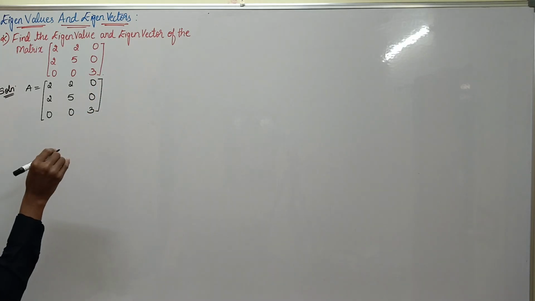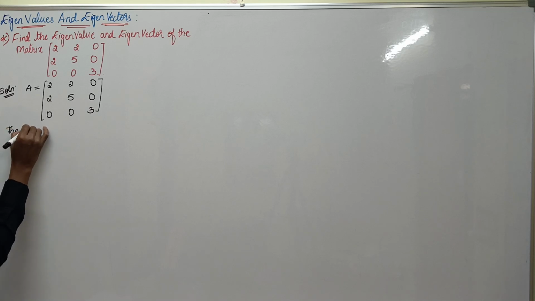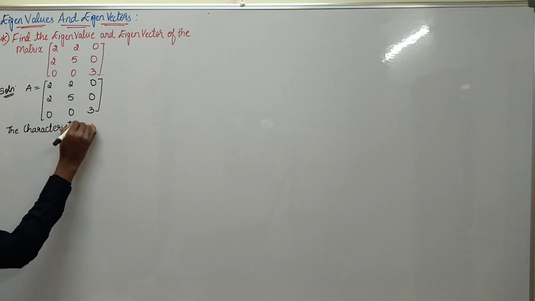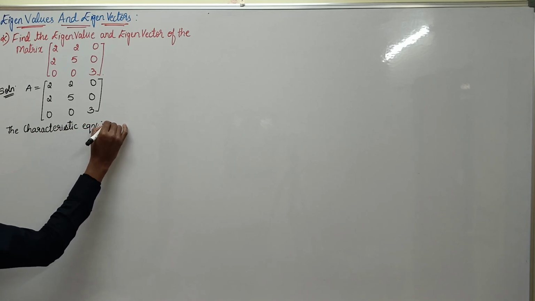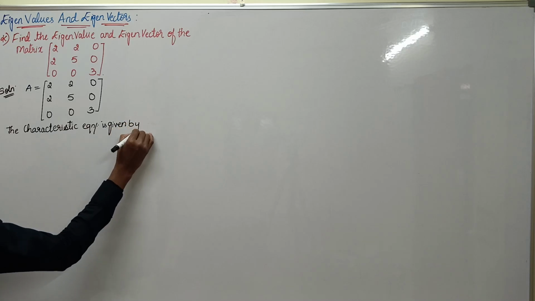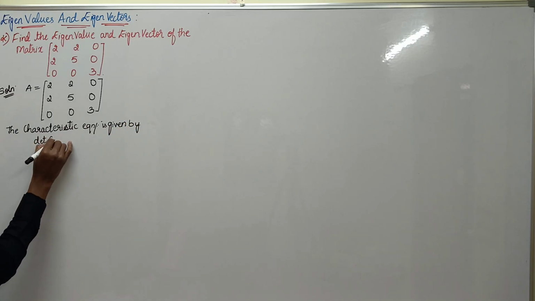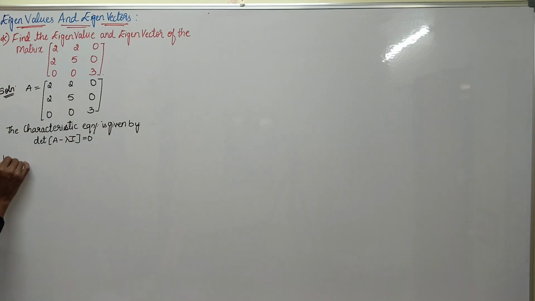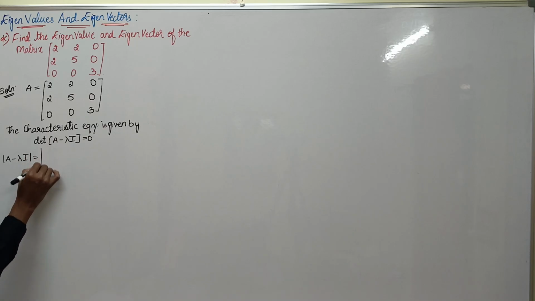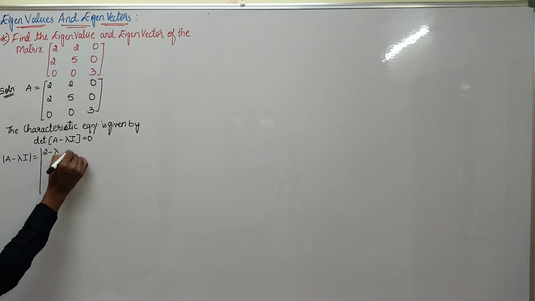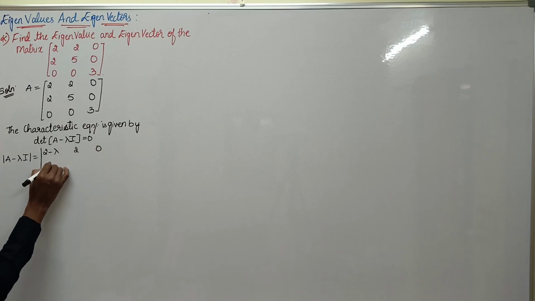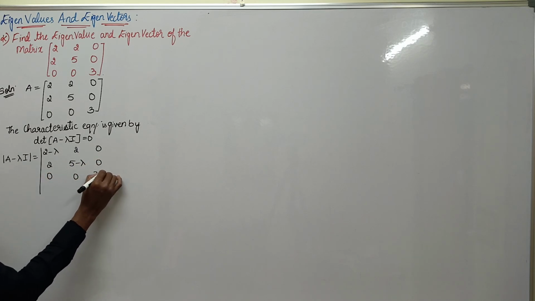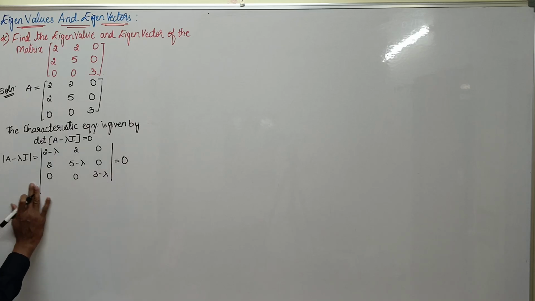Then to find the eigenvalue, the characteristic equation is given by determinant of A minus lambda I equal to 0. That is, determinant of A minus lambda I, which is 2 minus lambda, 2, 0, 2, 5 minus lambda, 0, 0, 0, 3 minus lambda, equal to 0.